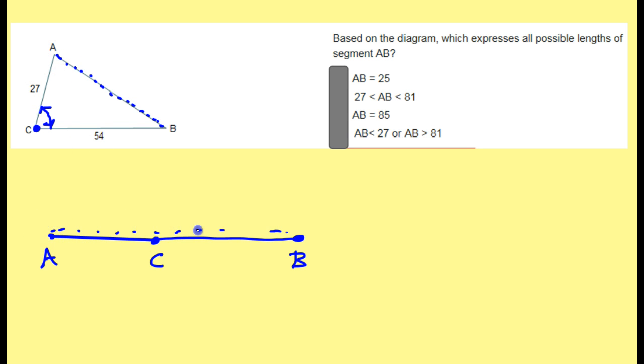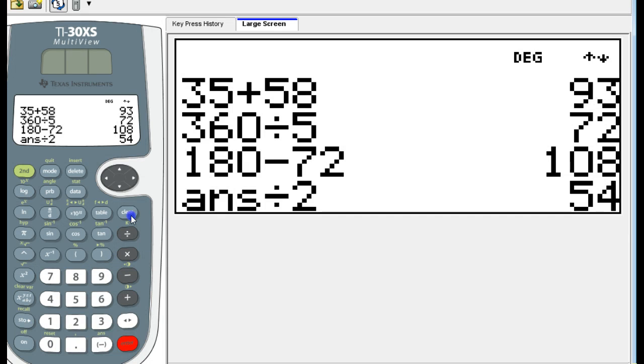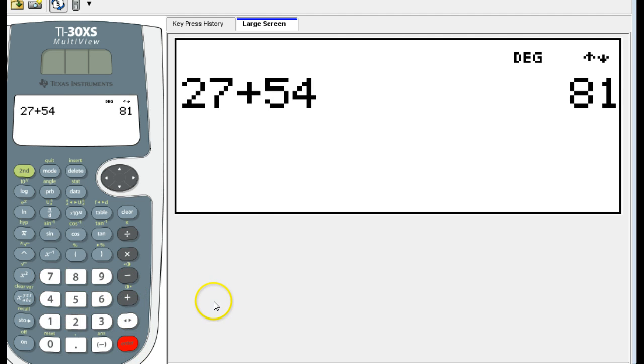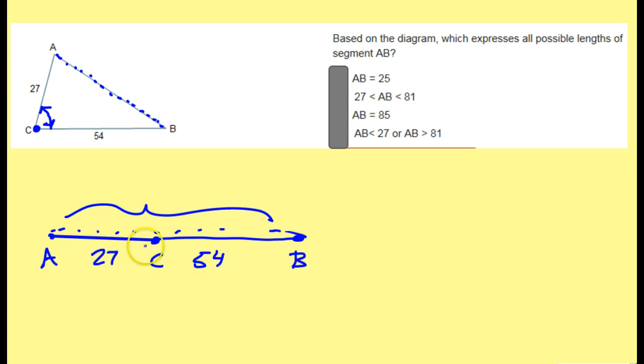So AC is 27 and CB is 54. If I stretch this out flat, I have a total, if I add these up, 27 plus 54, that's 81. So that's the biggest stretch you could possibly get on this rubber band is 81.